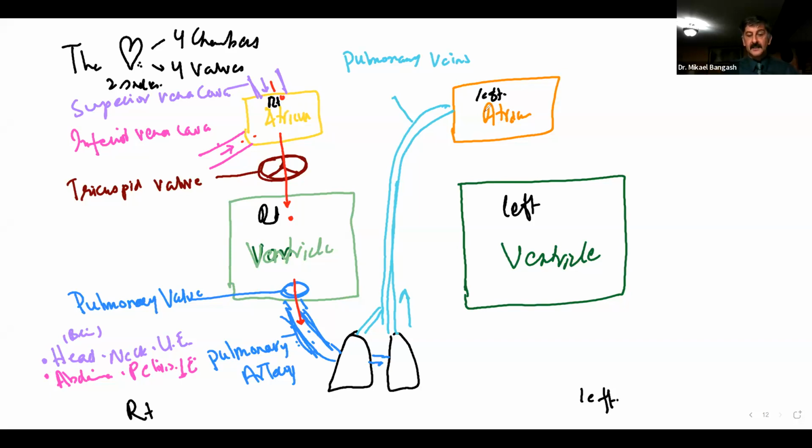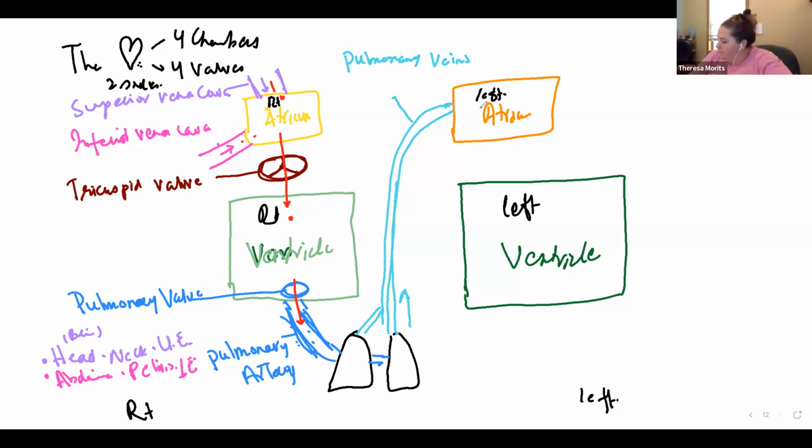So it kept it in a separate chamber. It took it back to a separate chamber, which is going to be the chamber on the left, or the first chamber that you enter on the left side, which is going to be your left atrium. Did you guys get that?